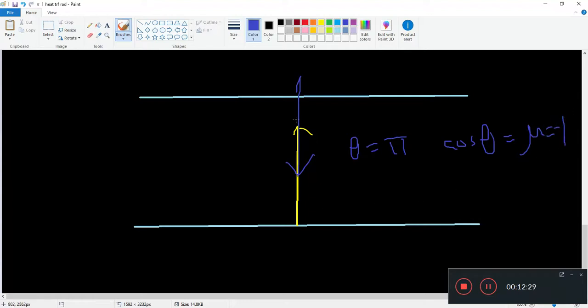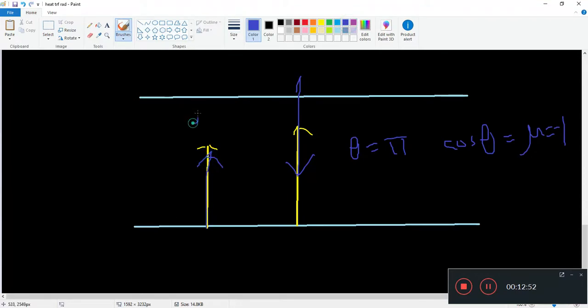If they are going in the same direction, for example like so, one like that, and the arrow goes like this.